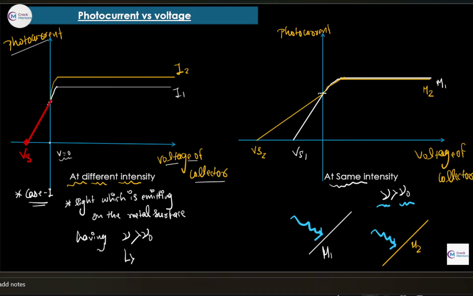Okay, so now I'm going to ask you this. Which metal has the higher threshold frequency, or which one has the greater frequency? Let me change the color. If one has frequency mu2 and the other has frequency mu1, then which one has the greater value?